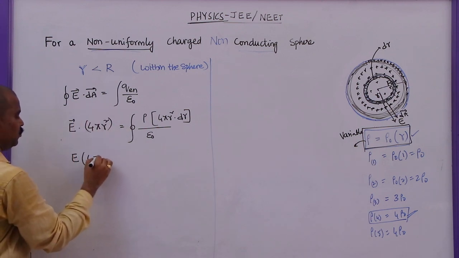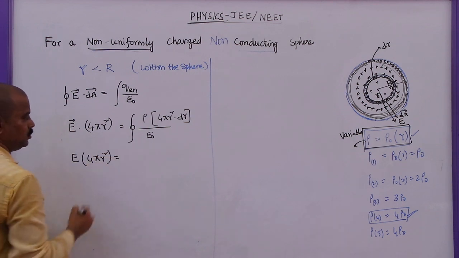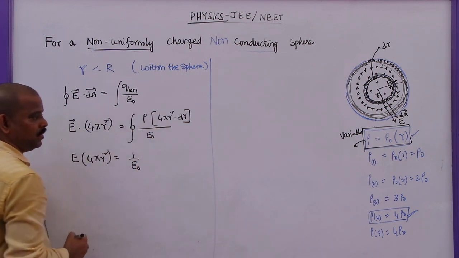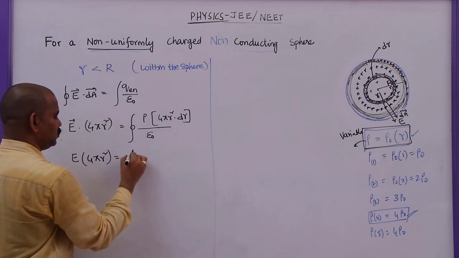So this is E into 4 pi r square, which is given by, here 1 by epsilon naught is common, and 4 and pi are also common.